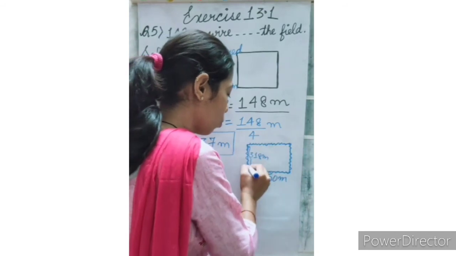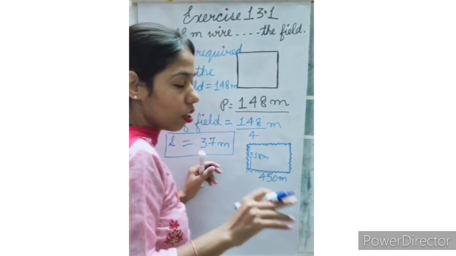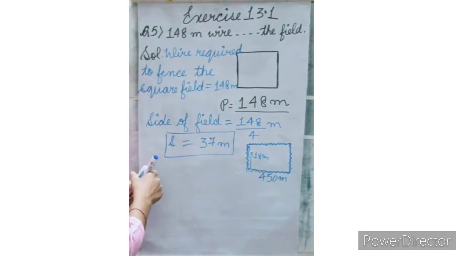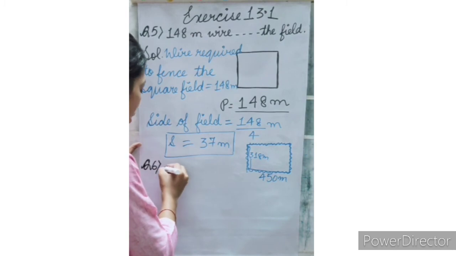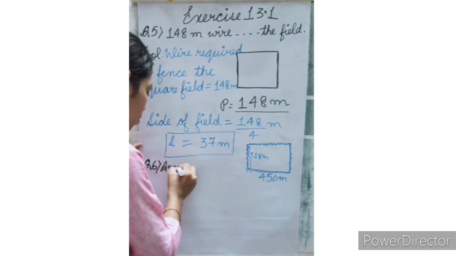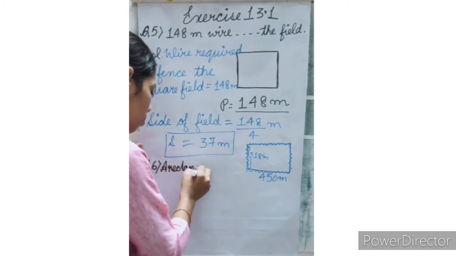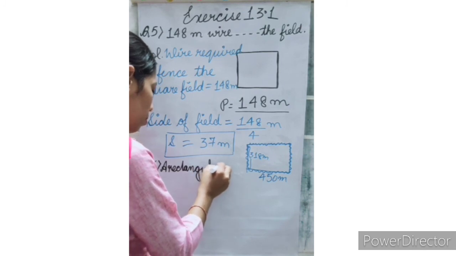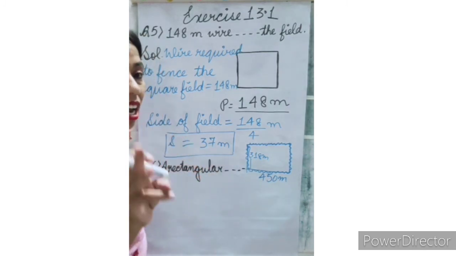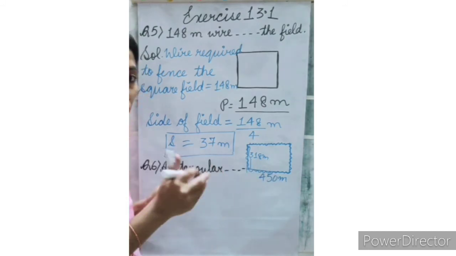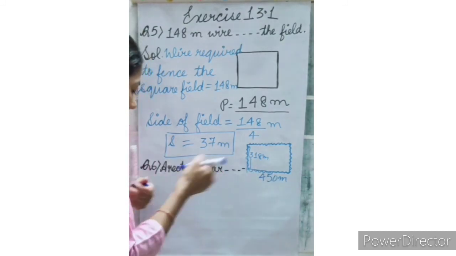So we have to find out the perimeter of the field. Let's write question 6, that is a rectangular field. After this you have to write last 2 words of this question. Let's start solution.